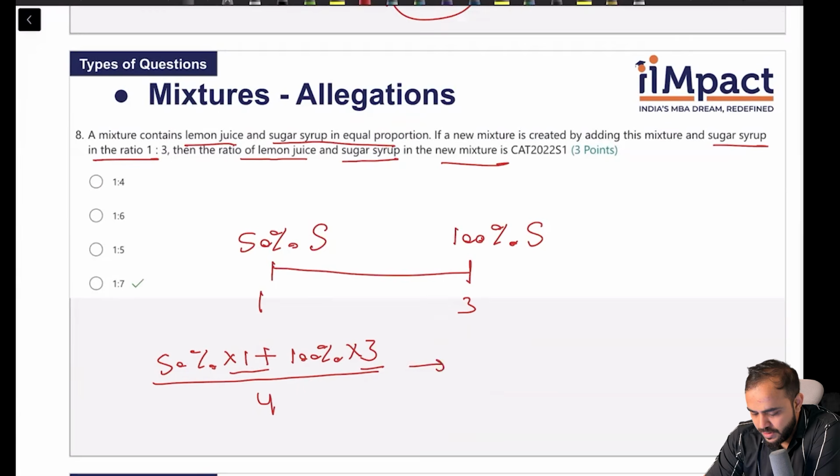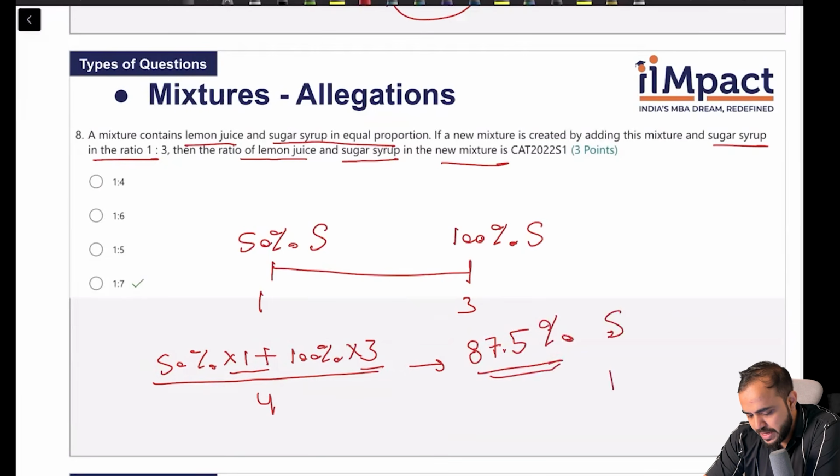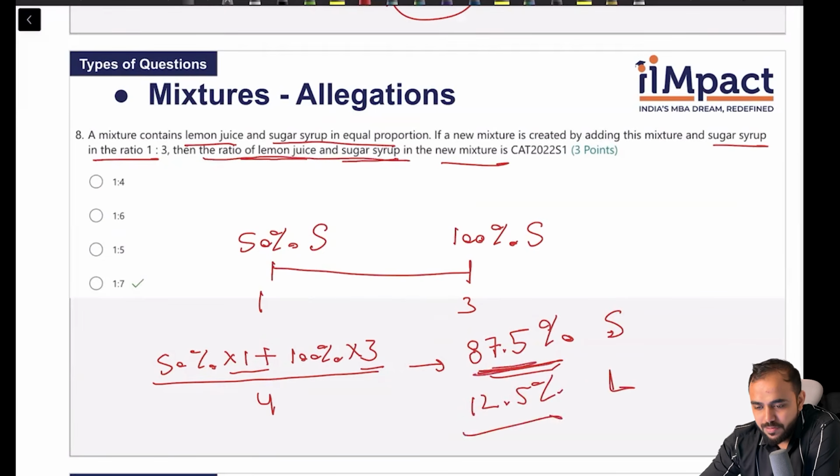Which is 80. 350 by 4 is not going to be 75. It's going to be 87.5. So you have 87.5% sugar, which means lemon is what? 12.5%. What are they asking us for? Ratio of lemon and sugar. So 12.5 is to 87.5, which is 1 is to 7.